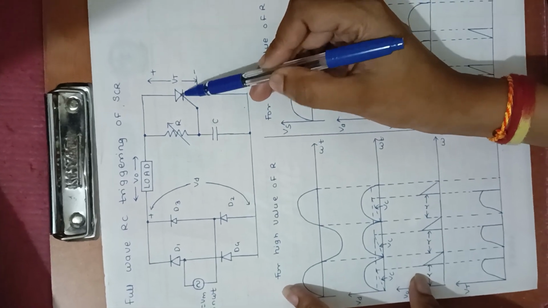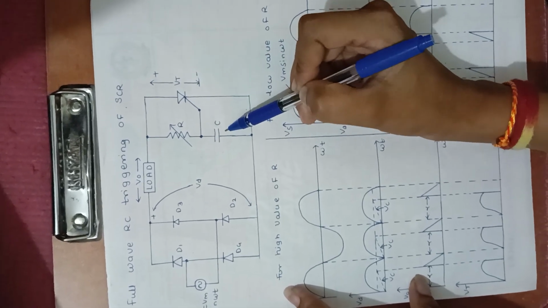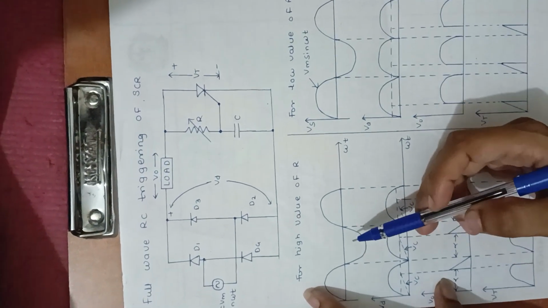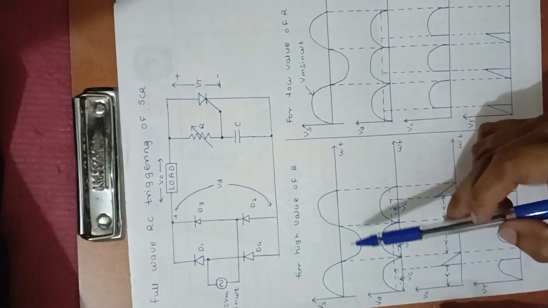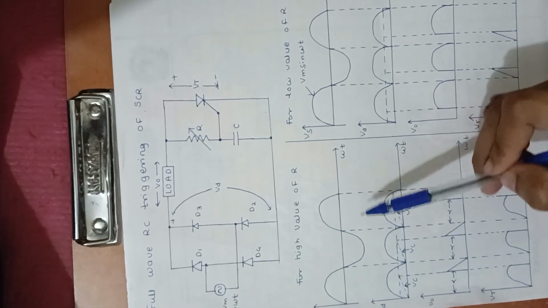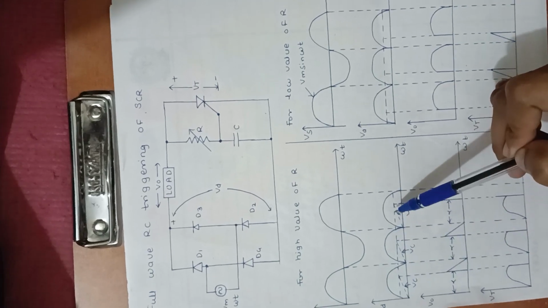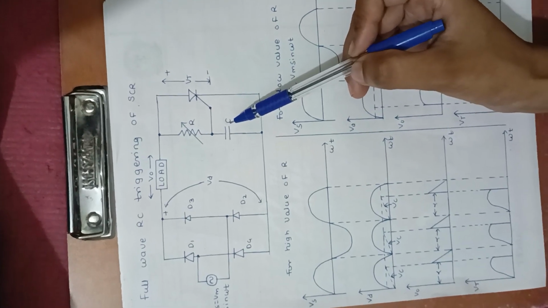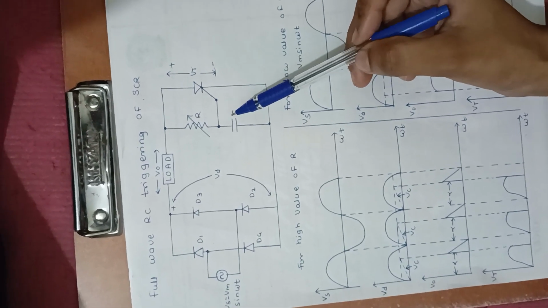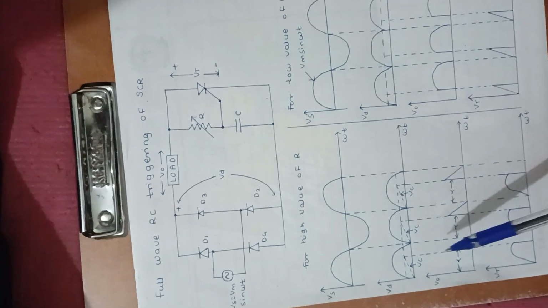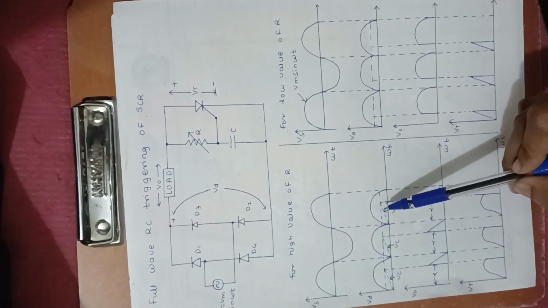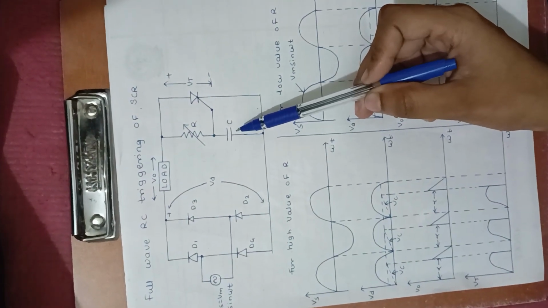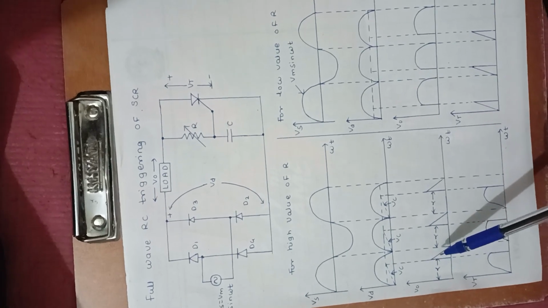The SCR will trigger when the capacitor gains some fixed voltage. It is the gate terminal. So let us try to understand that by the waveform, which will be more clear. This is the sinusoidal waveform that is getting converted into full wave. You can see like this. The capacitor will start to charge, and you can see charging like this, and at the threshold value of gate voltage, the SCR is getting turned on, and this capacitor will discharge like this and will have zero voltage.